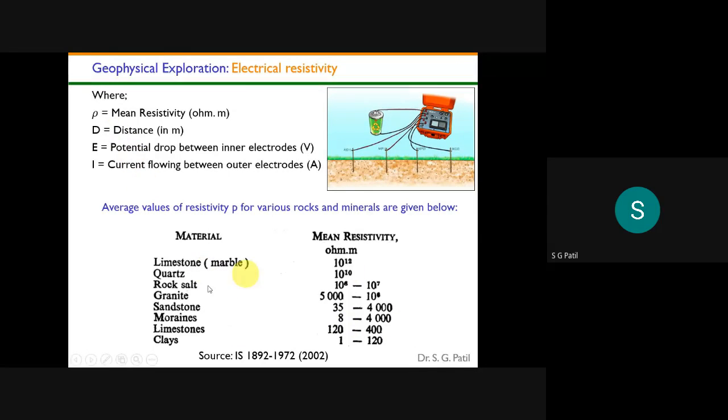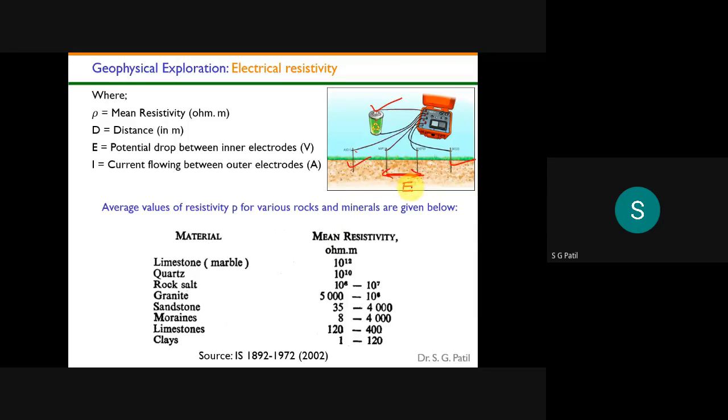Now I am again taking this table from IS 1892. Depending on the resistivity, you can judge whether the soil is a clay, a limestone, a quartz, a rock salt or a granite. This is the battery, through which current is passed between these 2 electrodes, and we measure the potential drop between these 2 electrodes.